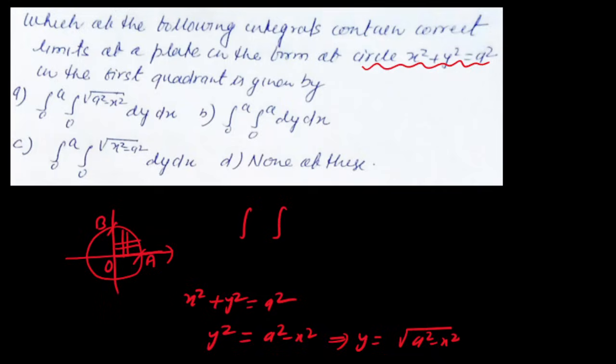But because we are just taking the first quadrant, I'm not taking plus and minus. So it starts at y is equal to 0 and goes up to under root a square minus x square. And then we have to move x from 0 to a, small a, and then dy dx. So do we have any such option? Yeah, the first option, 0 to under root a square minus x square, dy dx. Okay.